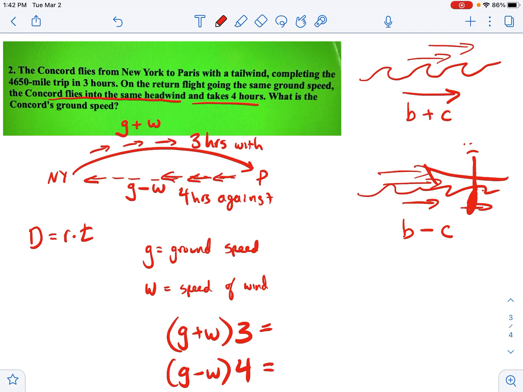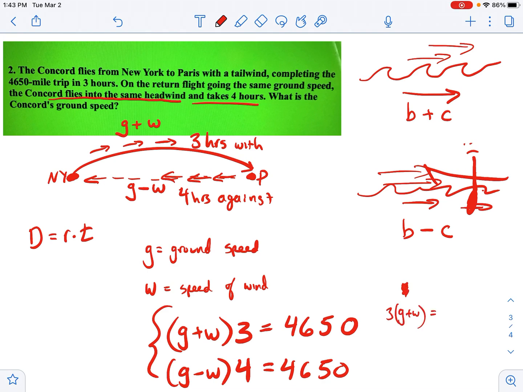In both of those situations, I traveled 4,650 because New York and Paris did not change locations. They were still 4,650 miles apart. I took the same route. Hey, look at this. I just created a system of equations, and I can solve them. You might wonder, why didn't I just set these equal to one another? Okay, cool. So (G plus W) times 3 equals 4 times (G minus W).